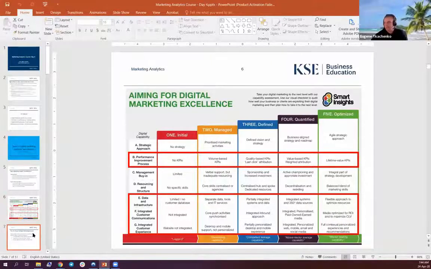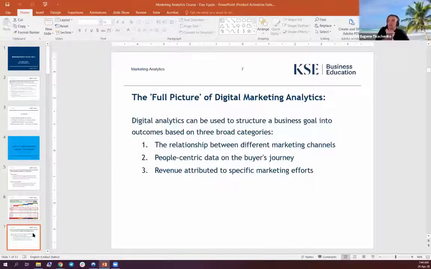So basically, when we are talking about the full picture of digital marketing analytics, we are trying to reiterate three main aspects of all our broad categories used in our business when we are talking about our customers. Remember, I was mentioning originally that marketing analytics is just a part of the equation.